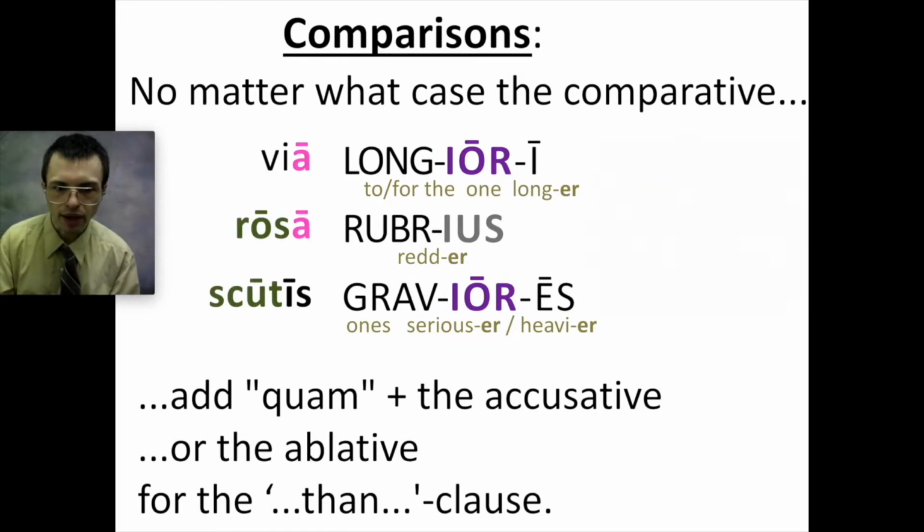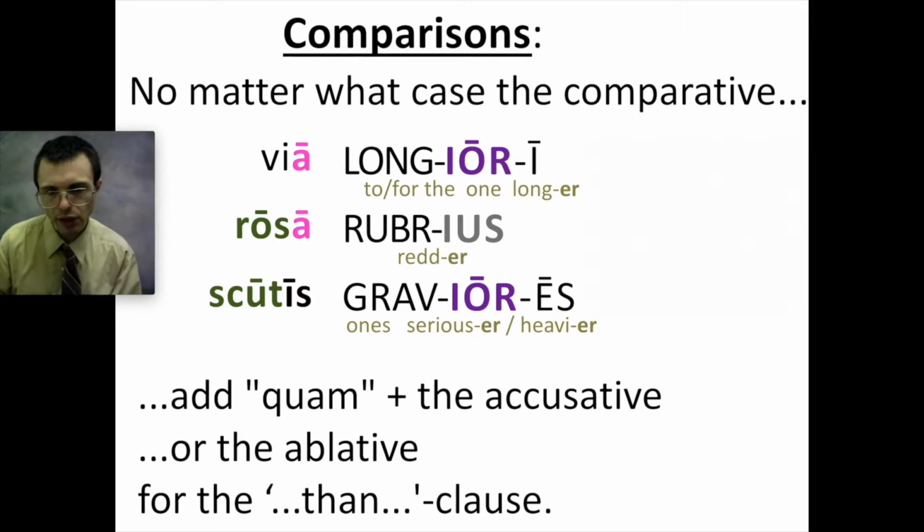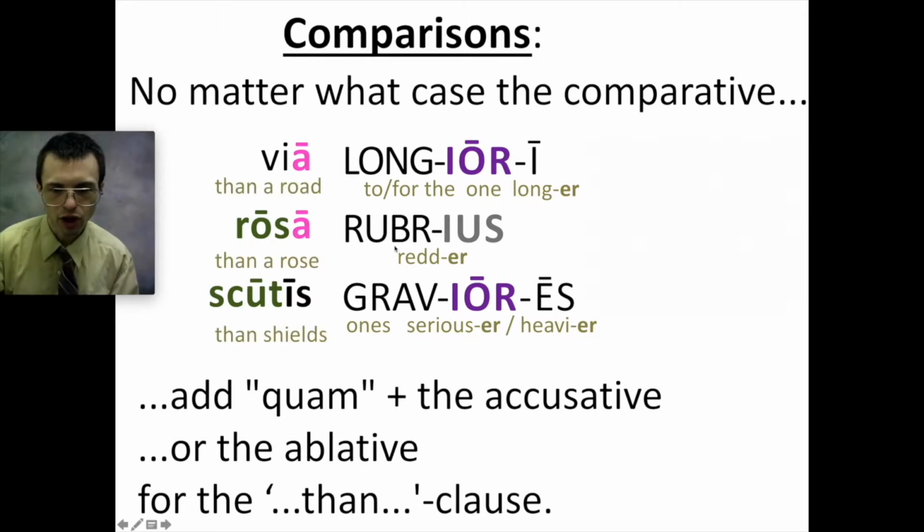The other way is just to add the ablative form of it. So, via longiori, than a road, something longer. Or rosa rubrius, than a rose, something redder. I don't really myself think of this as "than" when I see it, because to me quam is than.